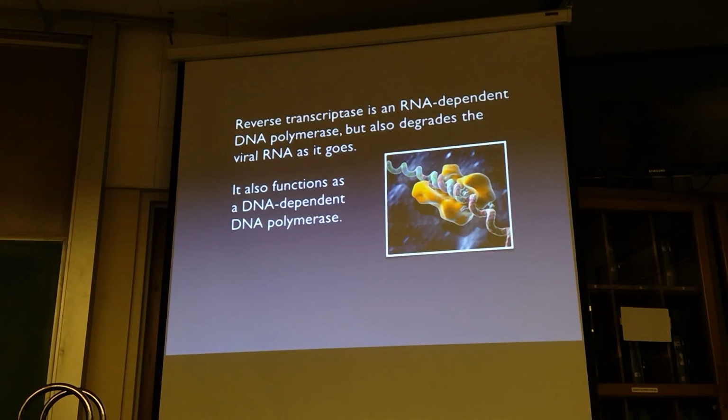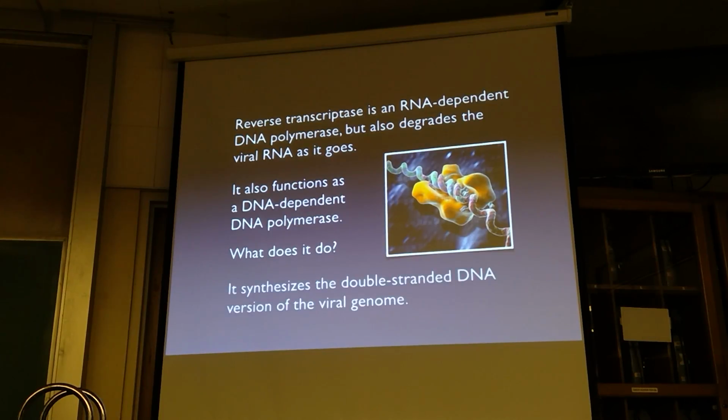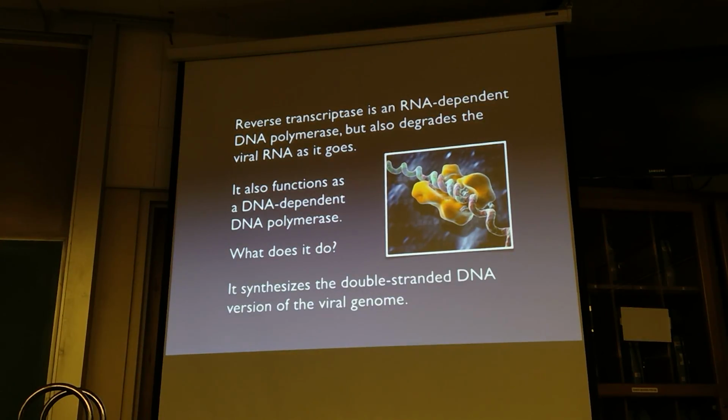So it's not just reading it and copying it, it's taking it apart. It takes apart the RNA, and it uses the nucleotide sequence of the RNA to build DNA, and then it copies that DNA, basically replicates it, to make a double-stranded DNA. So it has a DNA-dependent DNA polymerase function as well. Again, what does a DNA-dependent DNA polymerase do? Replication. It makes the DNA single strand into a DNA double strand.